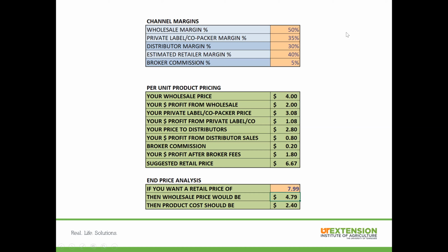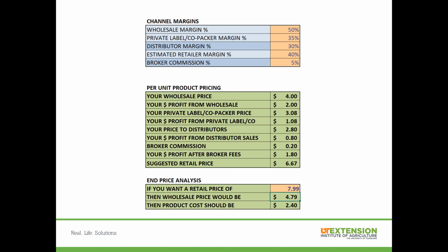In other words, 60% of $5 would be $3, and that would be our profit over and above the $2 cost that we have.